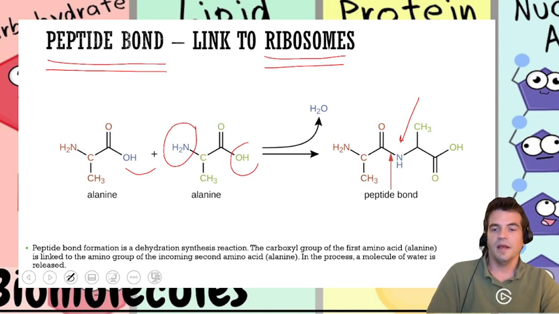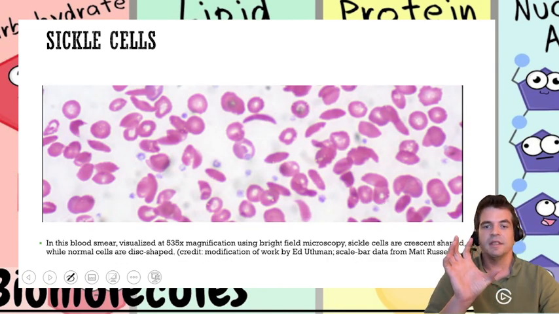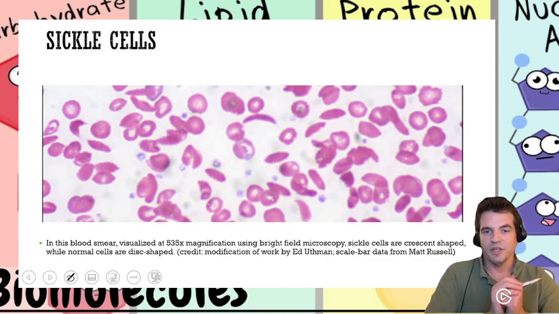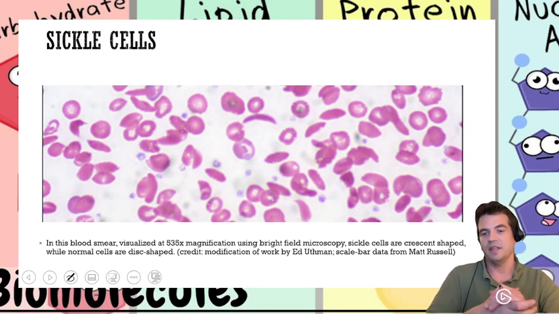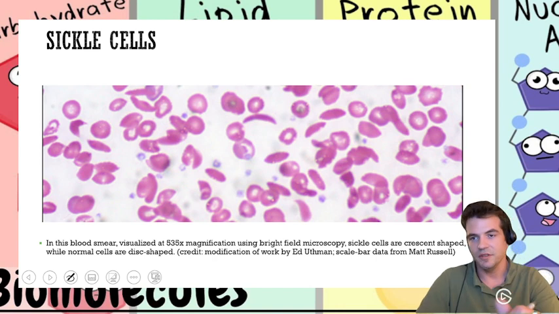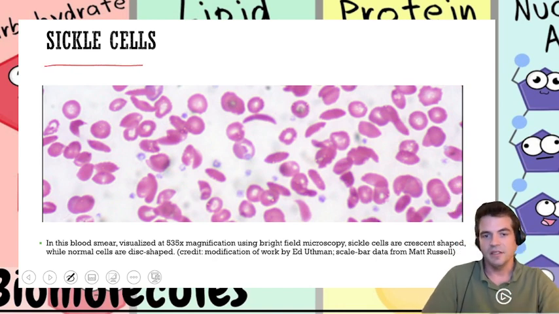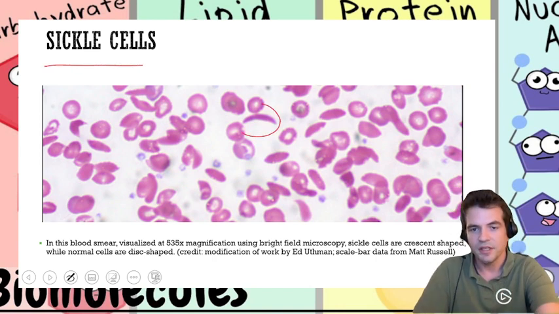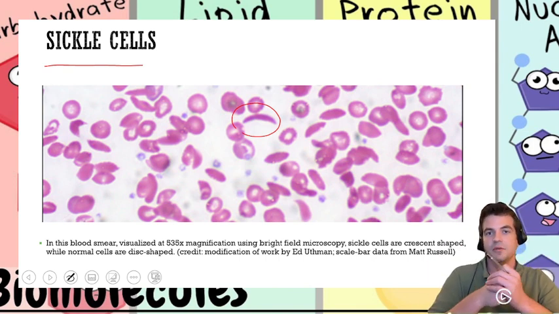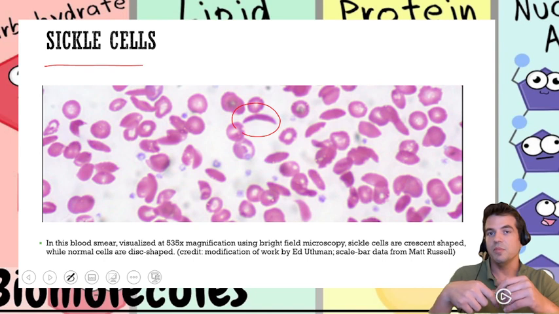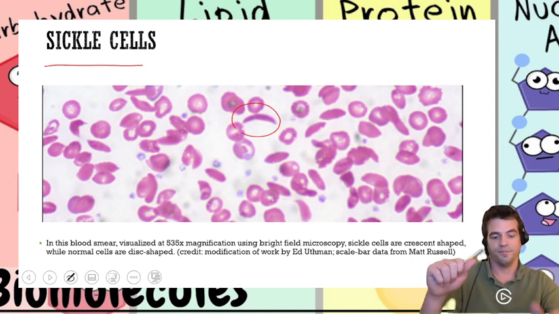Okay, and if you don't have proper shaping of your protein and you have an error, either in the genetic code or somewhere down the line, you can get improper folding, you can get an improper protein, and that's what happens here in what's known as sickle cell disease. And these characteristic cells are in a sickle shape, and that sickle shape is due to an improperly folded protein.